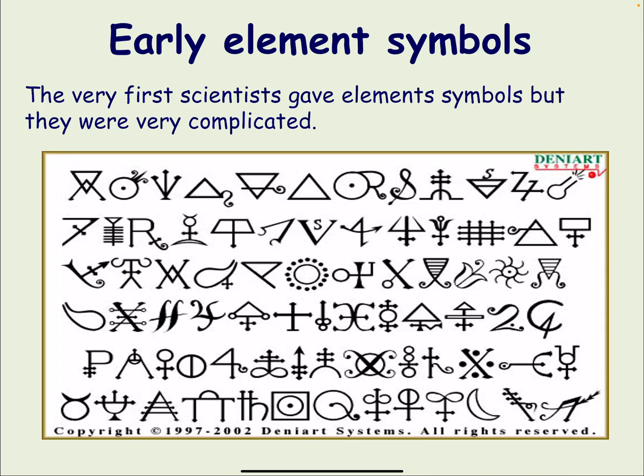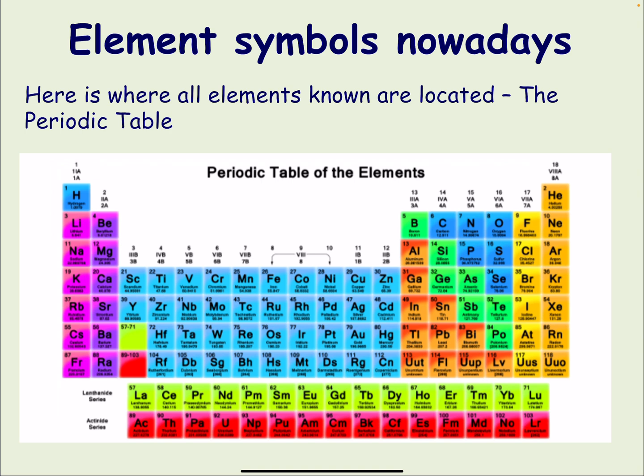Okay, now here's a picture of a very early periodic table with these very complicated symbols. I cannot even understand what that means, no idea what elements are which. That's why more recently we have this. This is our periodic table here. We've all seen that on the wall in most science labs. You see hydrogen up here.